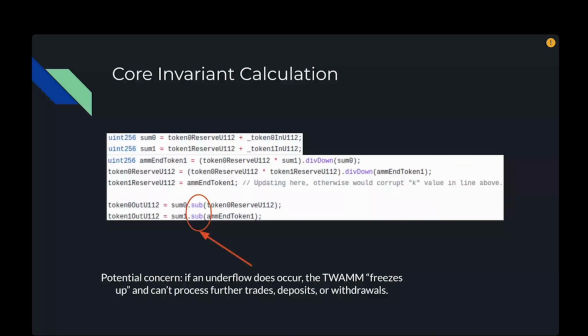And the potential concern here is that if an underflow in those does occur, the TWAMM basically freezes up and can't process further trades, deposits, or withdrawals, right? So we always say, you want to be safe, you want to use safe math, but safe math isn't necessarily very safe, right? Because something reverting and not being able to process, that could make funds get stuck.